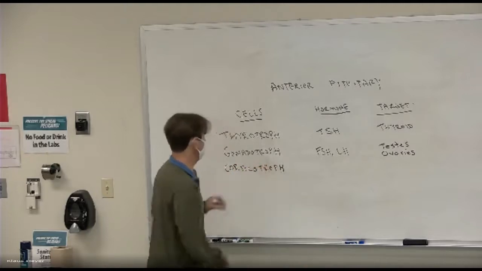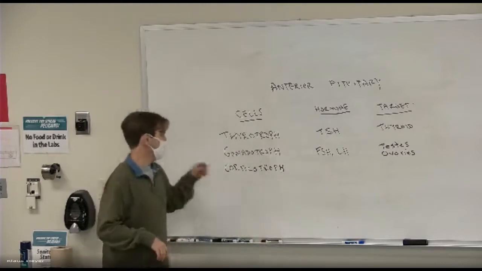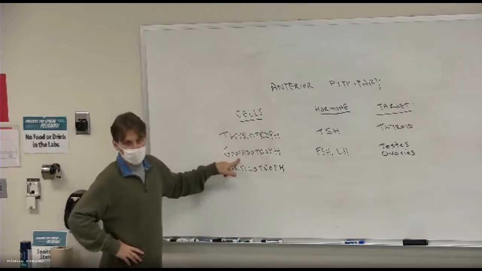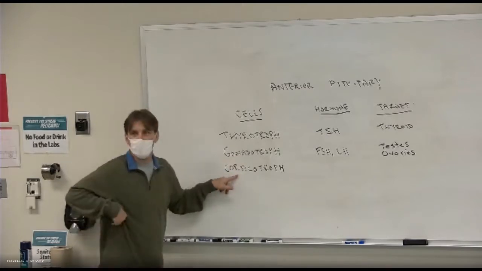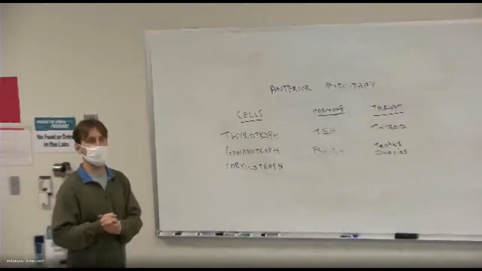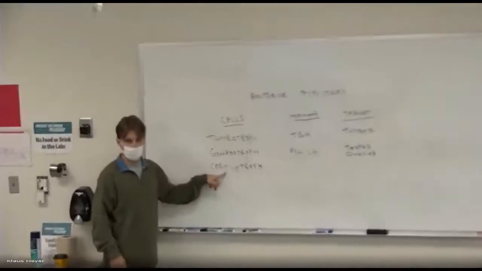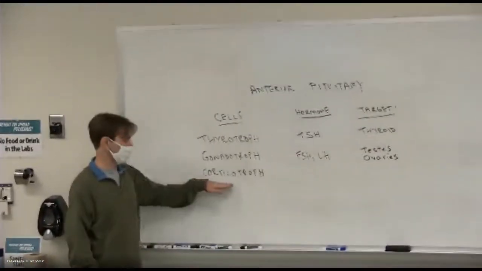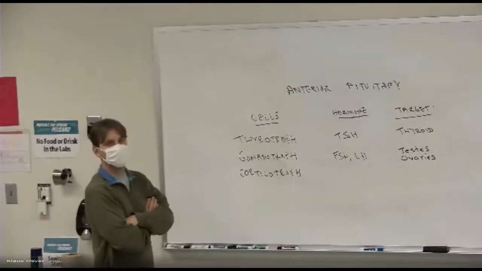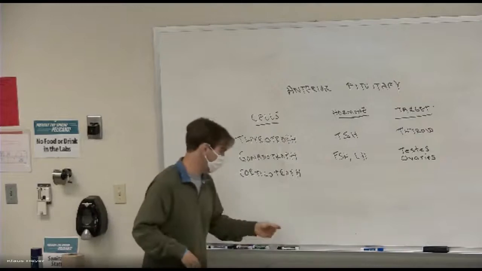The next one, corticotrope. They're all ending in trope. So gonado means gonads. Cortical usually tips you off that it has something to do with steroids. So think of hydrocortisone, cortisol, right? So cortical is going to tell you something about steroids, something about the adrenal gland. So the target cell is the adrenal gland.